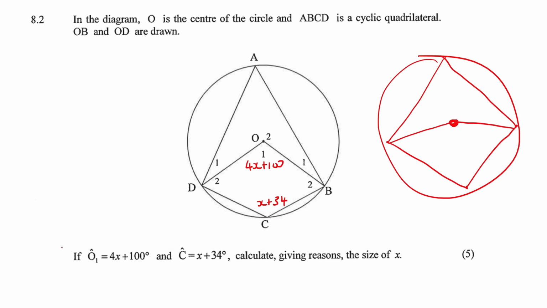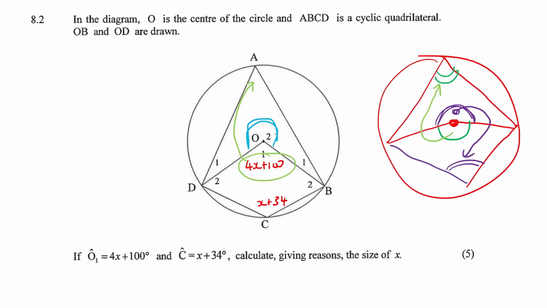All you must remember is that this angle will always be double this angle, and this angle will always be double this one. So it's opposite: this one goes with that, and this one goes with that. So this one is going to be double that, and this angle on the outside, angle O2, will be double that one.